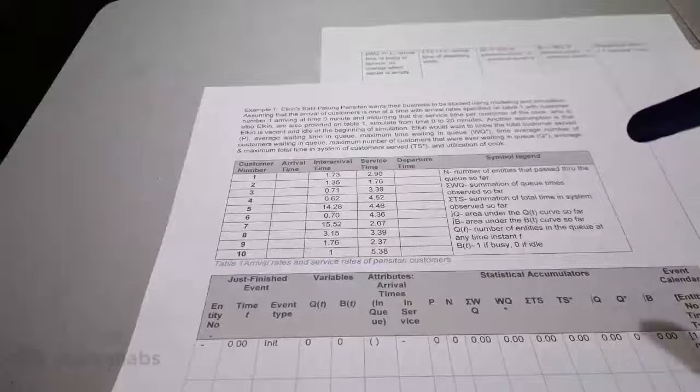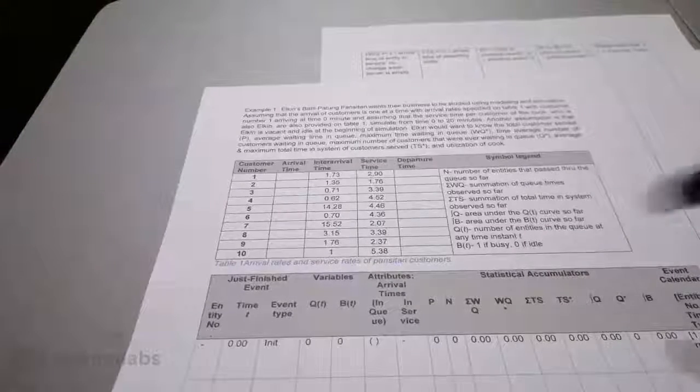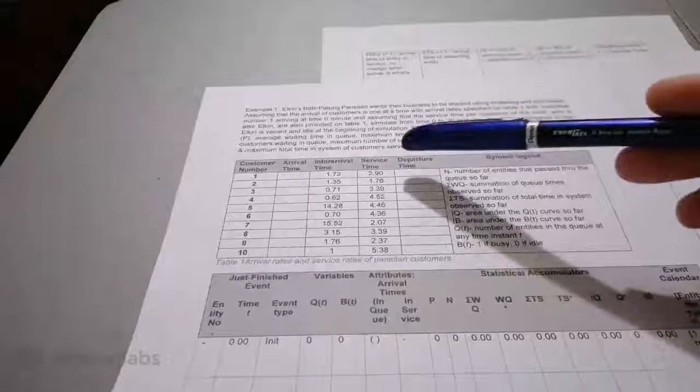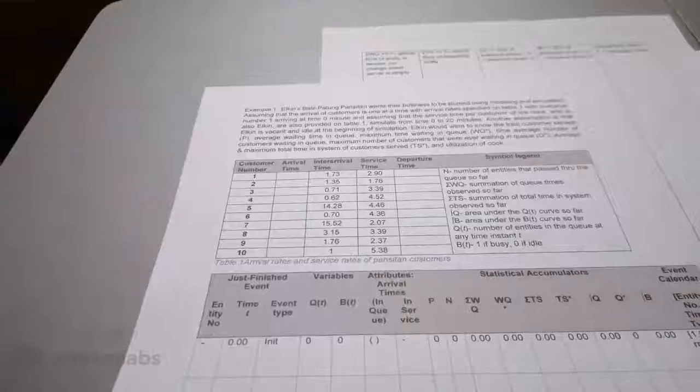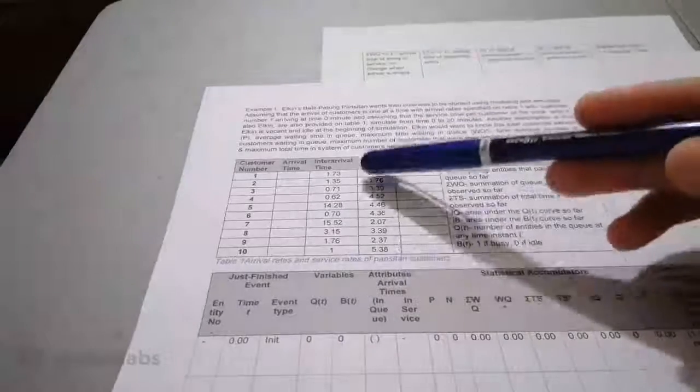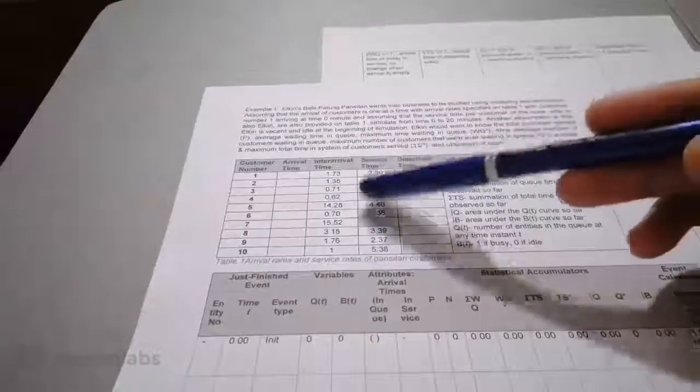Then at that time we will discuss probability distributions. So let's not focus yet on probability distribution. Just know that these are given. These are random numbers, but they mean something.